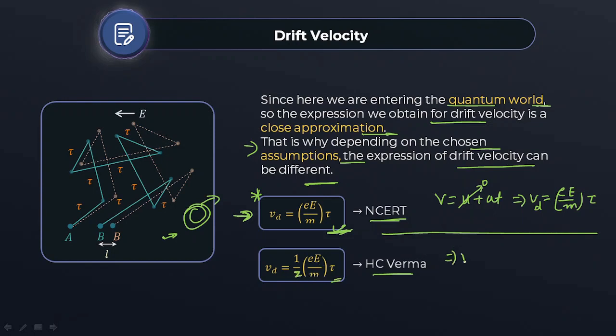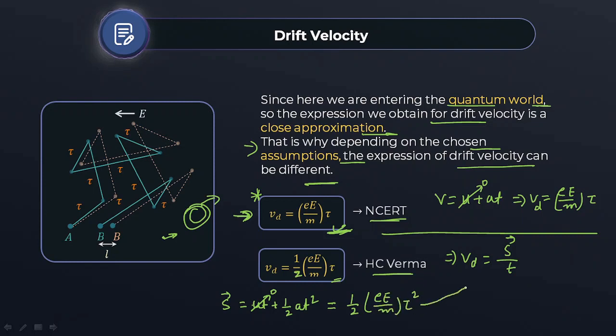Now you all know that drift velocity is equal to displacement by time, yes or no? Now if a particle has some acceleration, can I say that displacement will be equal to ut plus half at square? Again the initial speed was how much? 0. They were moving in random directions, so net displacement was 0, and the net average velocity was also 0, right? So here we can write displacement as half a, that is half eE by m into tau square.